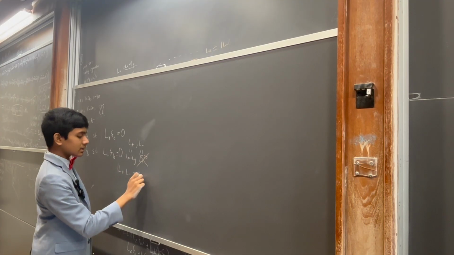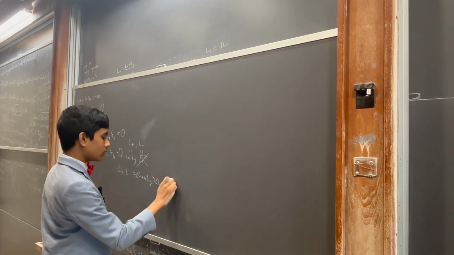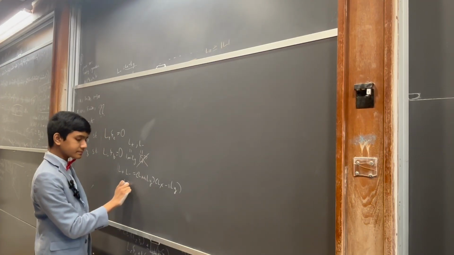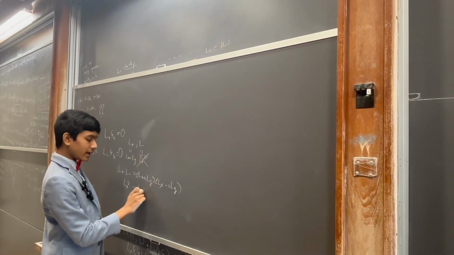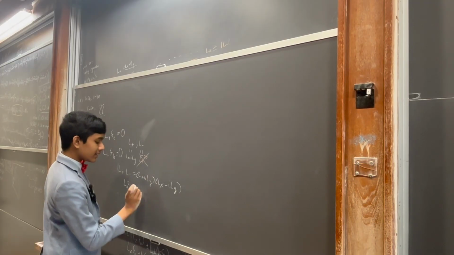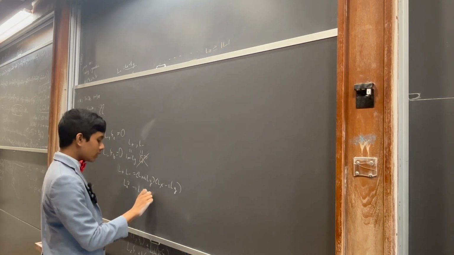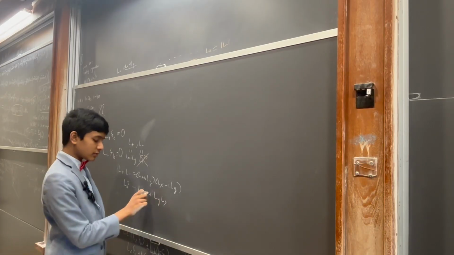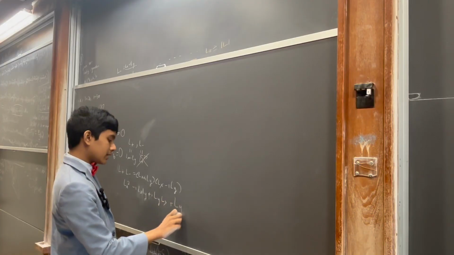So instead, what happens when we multiply L plus and L minus together? Well, we get Lx plus iLy times Lx minus iLy, which distributes to become Lx squared minus iLxLy, and then plus iLyLx. Normally these two would cancel out, but we're dealing with operators, not scalars, plus Ly squared.